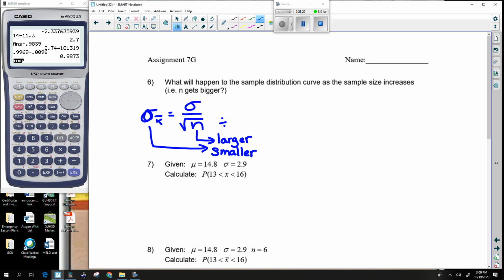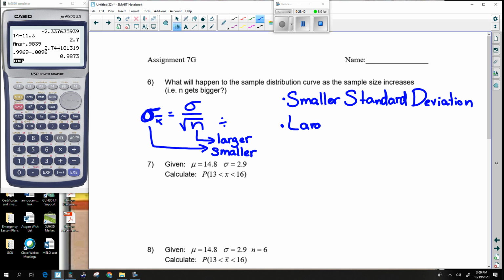The answer being the standard deviation. The standard deviation will get smaller. And if that happens, then that implies a larger relative frequency around the mean.